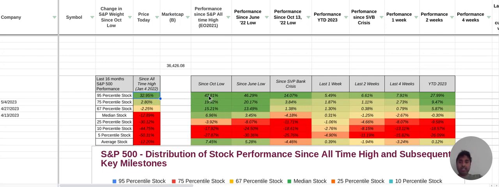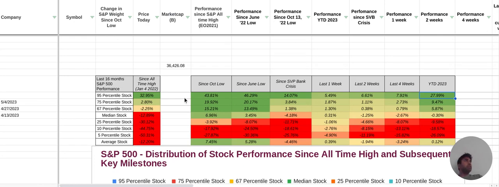The 95th percentile stock is up 43%, since June's low 46%. Then YTD, the top 25 stocks in the S&P are up 28%. The 75th percentile means the top 25 times 5, so around 125 stocks in the S&P 500. Is that correct?